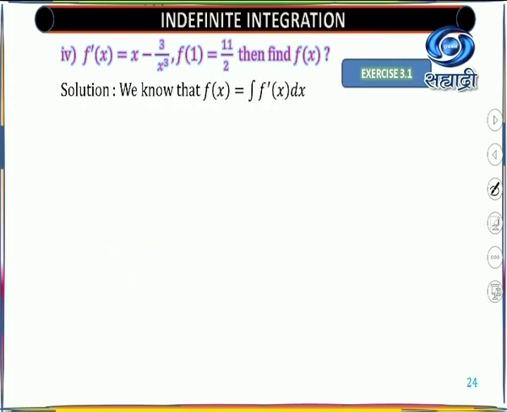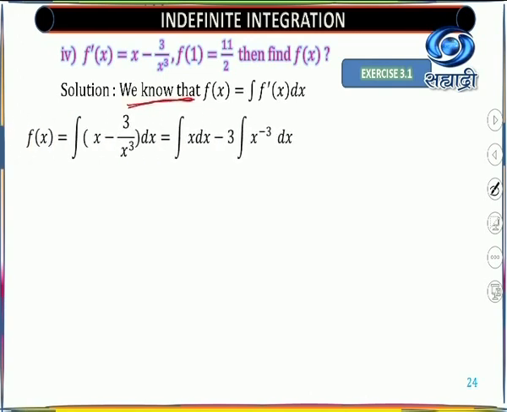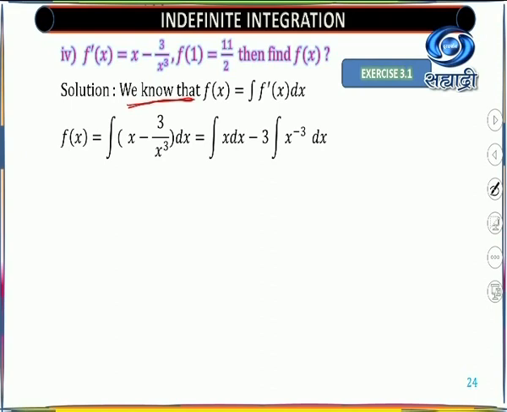Look at here. So now we know that fx equal to integral of f dash x. We know, means we are using our definition. So you start with fx equal to integral x minus 3 upon x cube dx. We'll separate the terms. So you will get integral x dx minus 3 into integral x raised to minus 3 dx.